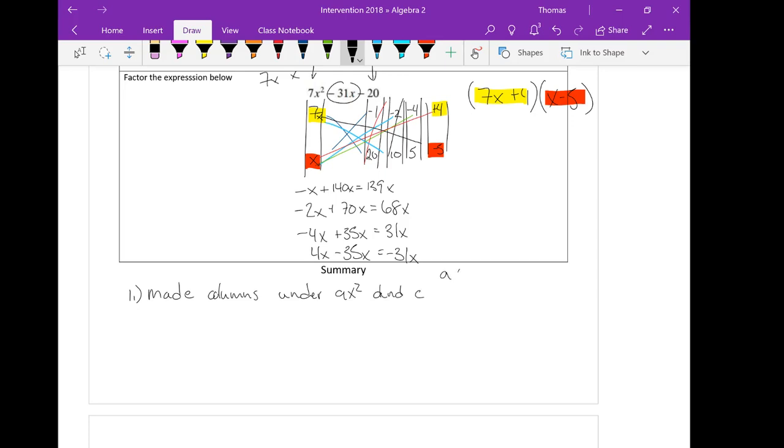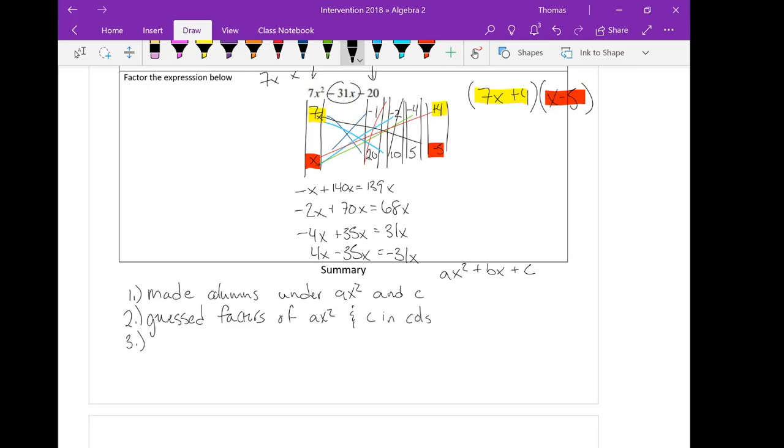Remember, our quadratics are in the form ax squared plus bx plus c. So we made columns under ax squared and c. And then we guessed, we just put down factors of ax squared and c in the columns.